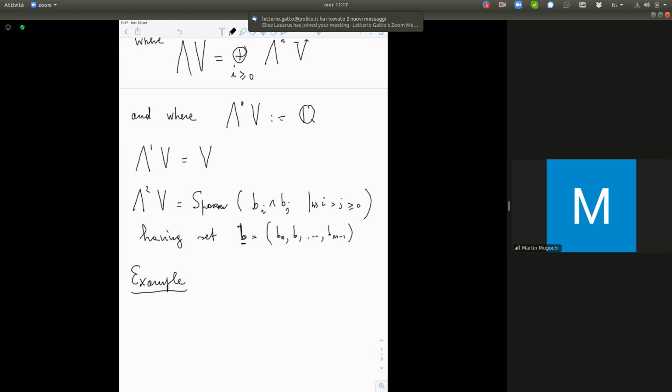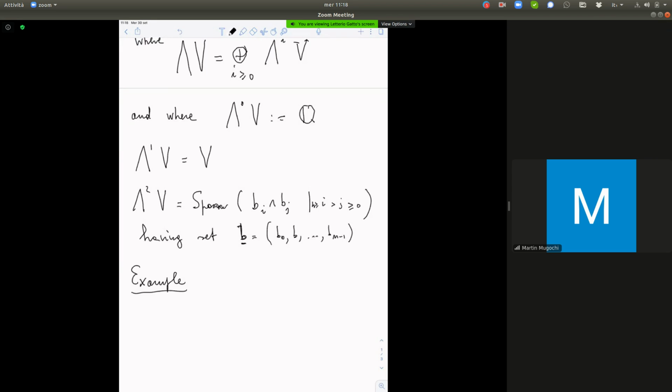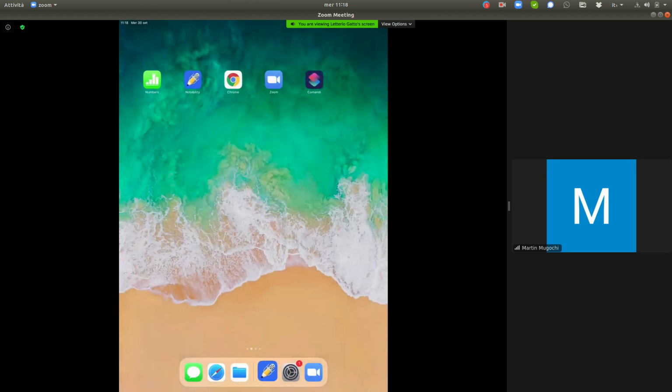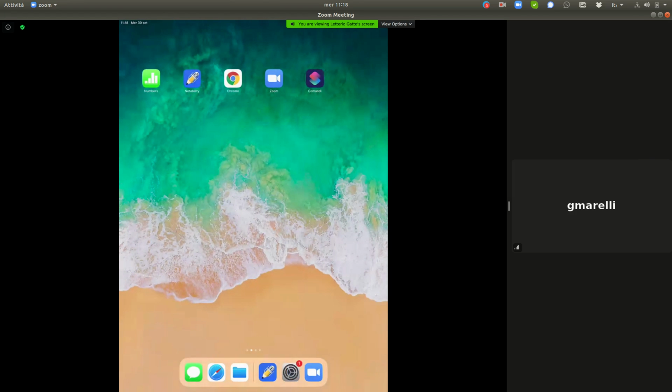But yes, it's a standard notation to use lambda.